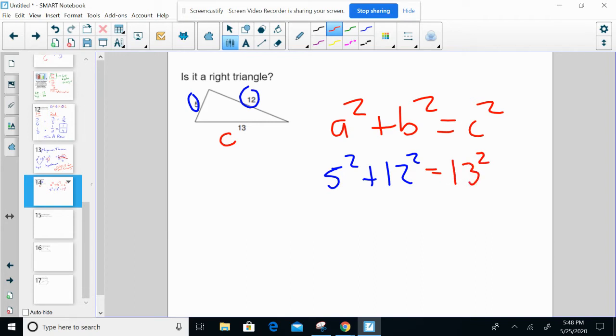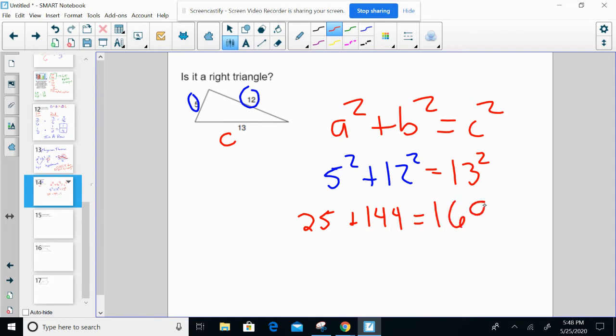So we're given all three sides, so we can plug in all three sides. And what we're trying to do is, if this works, if they are in fact equal, then it is a right triangle. If they are not, then it's not. So let's see, 5 squared is 25, 12 squared is 144, 13 squared I believe is 169. Yep.